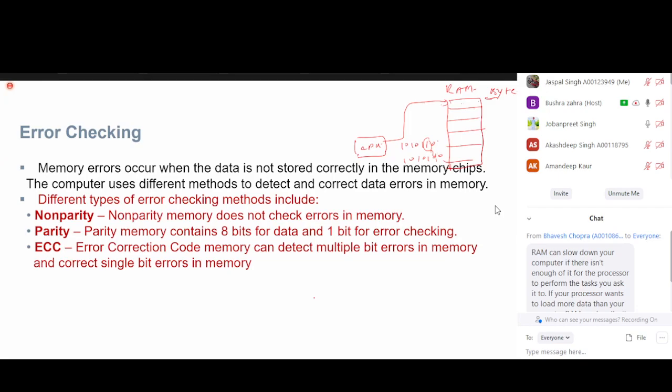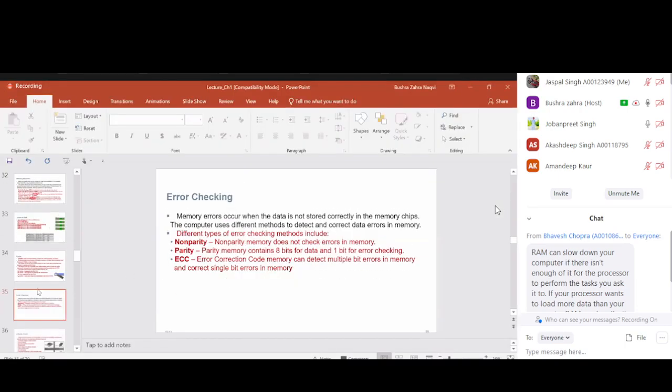So when you purchase a memory, you will get all that kind of information from the manufacturer, right? Let me show you the manufacturer website if I can.